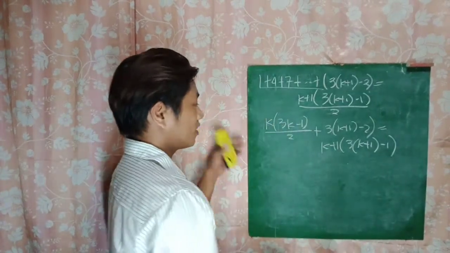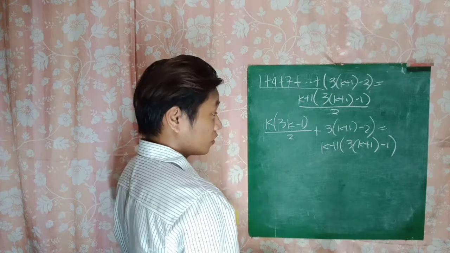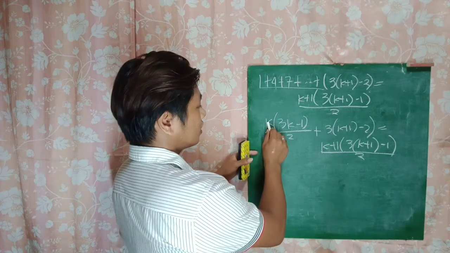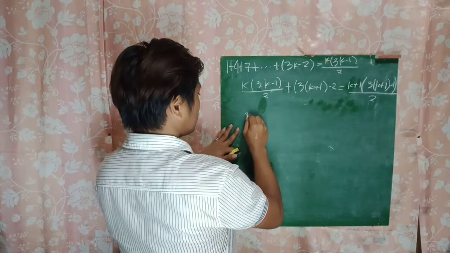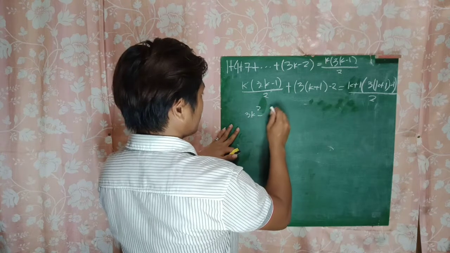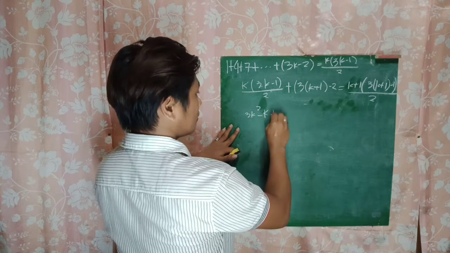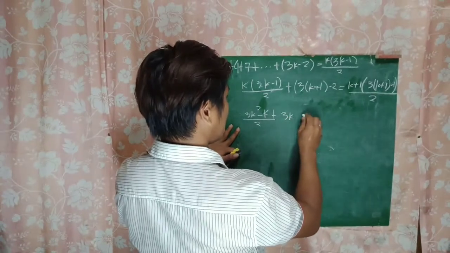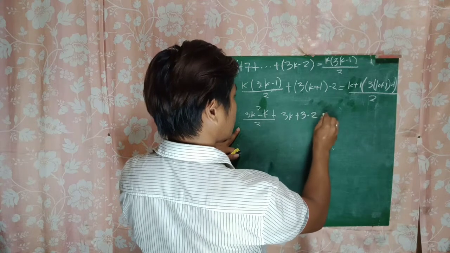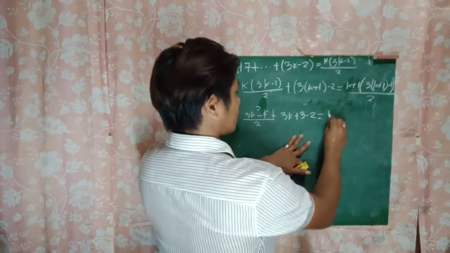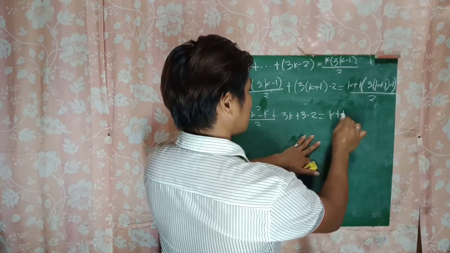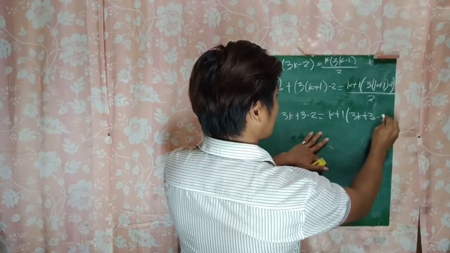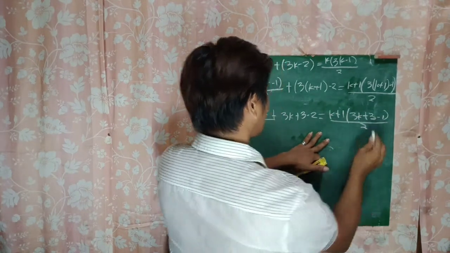So upon simplifying this equation, we need to distribute the k to this. So we have 3k squared minus k, plus, distribute the 3, over 2. So we have 3k plus 3 minus 2 equals, so (k plus 1) times (3k plus 3 minus 1) over 2.